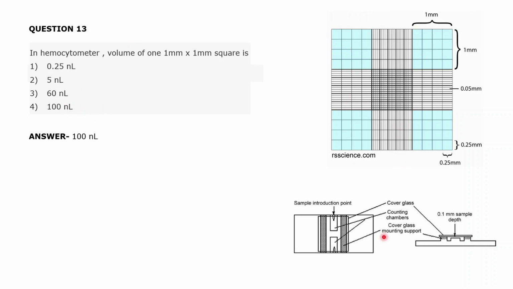If you look into this structure, you can see that there is 1 millimeter by 1 millimeter square, that is length into breadth. And if you look into the height, there is a small space so that the cell suspension can actually go in. If that space were not there, the cell suspension would not be absorbed into the hemocytometer.